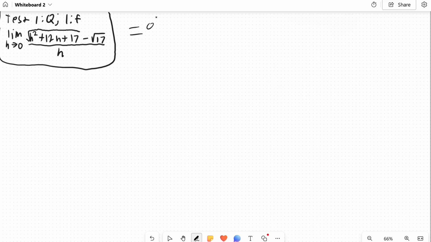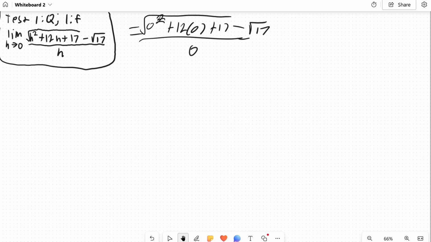That gives 0 squared plus 12 times 0 plus 17, minus the square root of 17, over 0. That equals the square root of 17, which is positive, minus a positive square root of 17, so it's 0 over 0, which means it would be indeterminate and undefined.